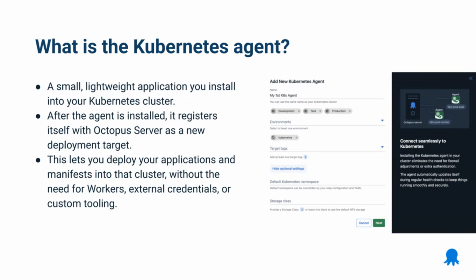Just as a refresher for people that are new or not yet using the Kubernetes agent, the agent that you leverage from Octopus, installed in your cluster, is just a different lightweight application.